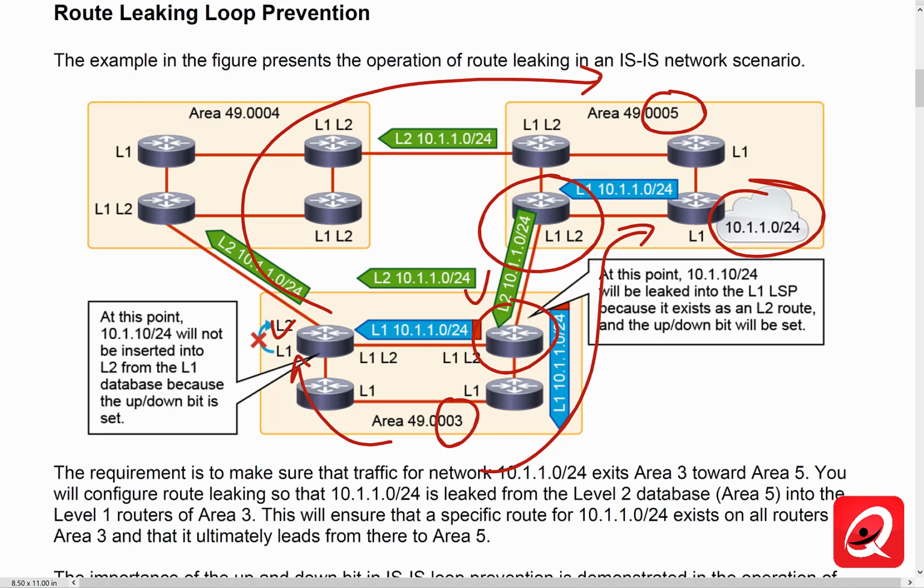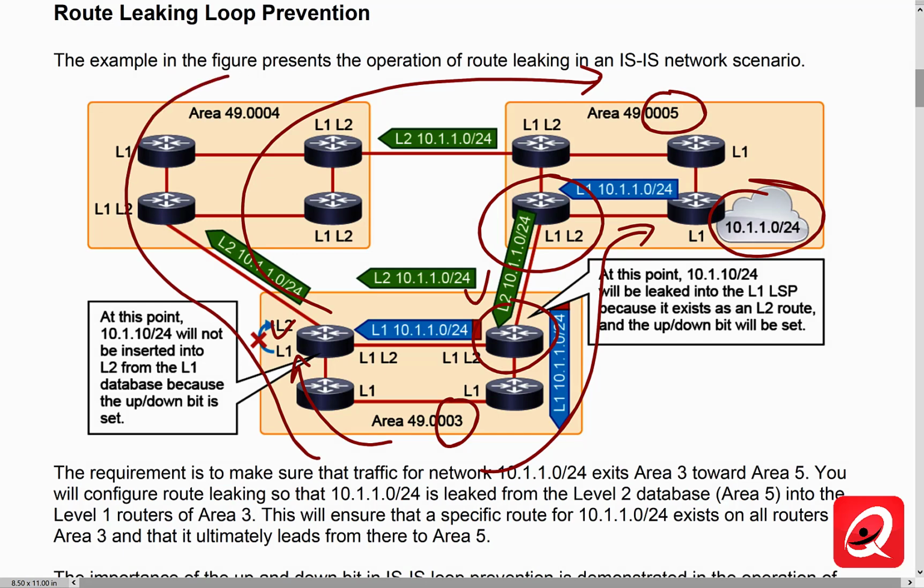Keep in mind, guys, that's not how this behavior would normally take place. We wouldn't be able to identify the destination prefix specifically. We would just simply know that the destination is not in our area, and we make a very simple decision. If the destination is not in our area, we will simply send the packet to the closest L2 router and then let that L2 router make a decision.